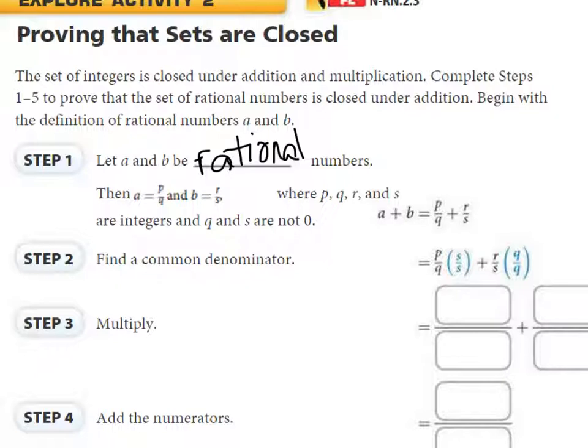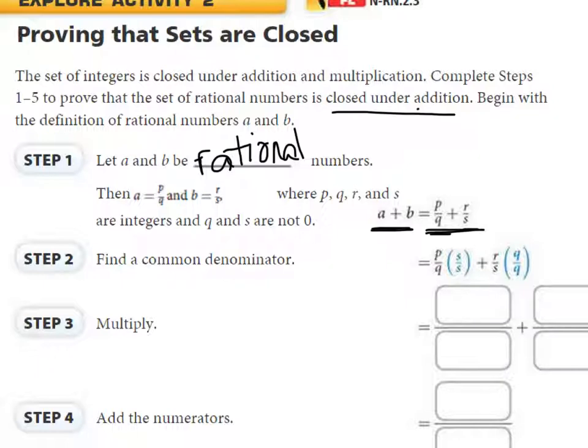So we're talking about being closed under addition. So if I add my original numbers a plus b, that's the same thing as adding their fraction equivalents, p over q plus r over s. Well, in order to add fractions, they have to have a common denominator. So the q here needs to have an s, and the s needs to have a q in order for them to be common.